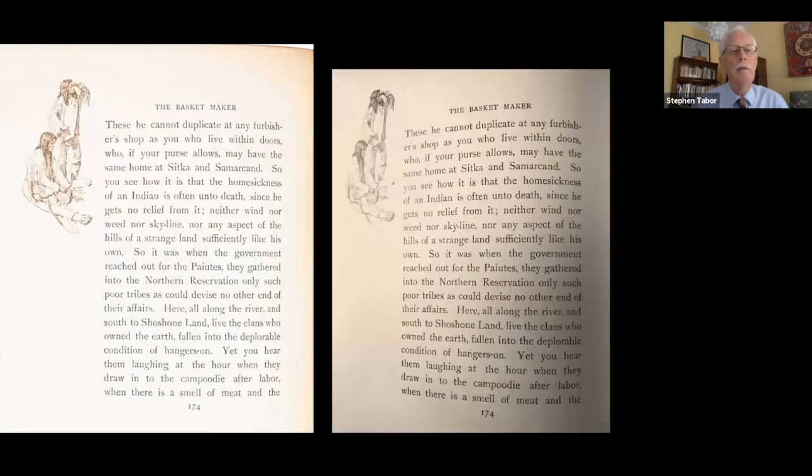In both copies, the illustrations are a different color from the text. This is harder to see on the right. Given the technology at the time, this means that the illustrations had to be printed in a separate print run from the text.